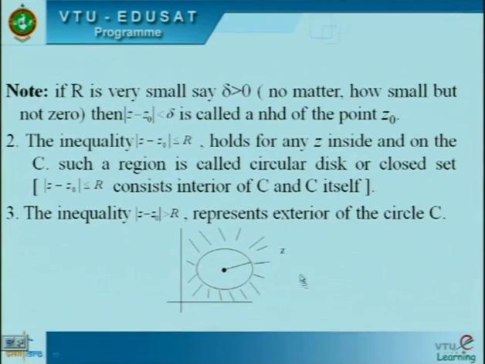Suppose this radius r is very small, say I can take delta greater than 0, no matter how small but not 0, then |z - z0| < delta is called a neighborhood of the point z0.